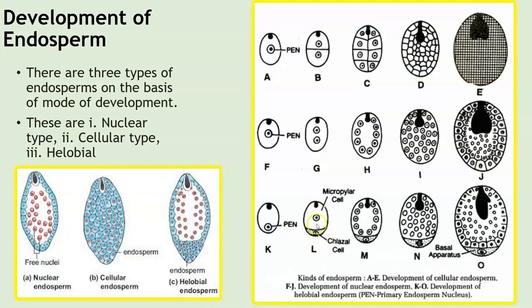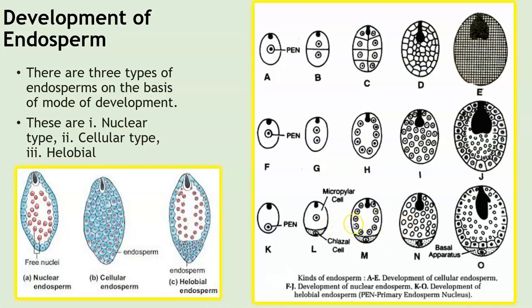So it is divided into two unequal cells, a small chalazal cell and a larger micropylar cell.